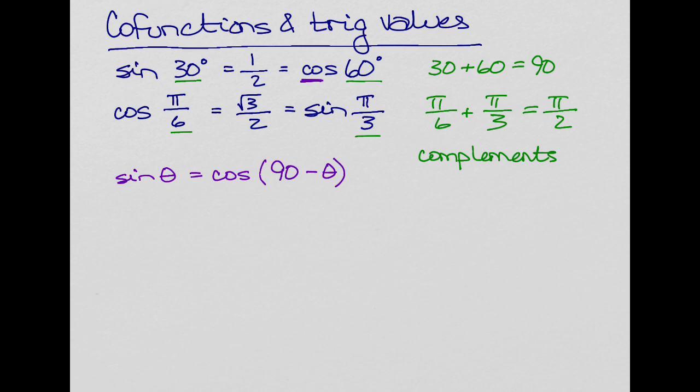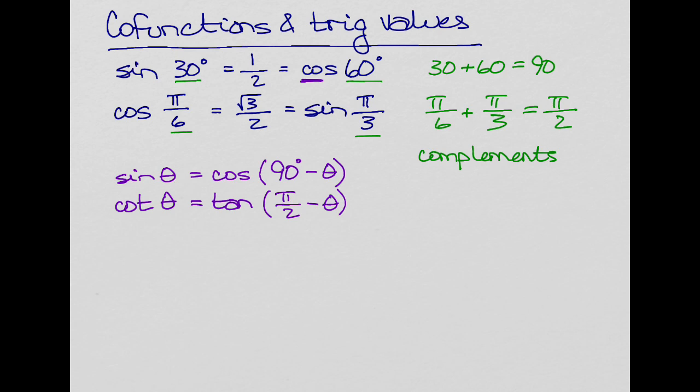This holds true for all the cofunction pairs. The cotangent of an angle is the same as the tangent of its complement, the difference between the angle and 90 degrees, or pi over 2. I put 90 for one and pi over 2 for the other. Doesn't matter, they're the same, just a matter of what units you're in.